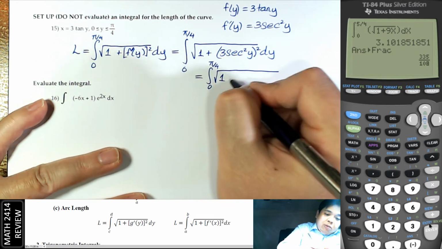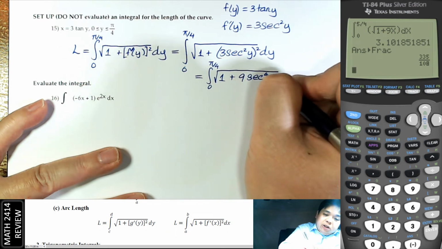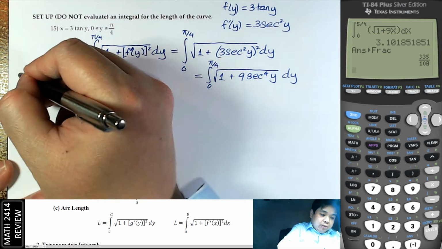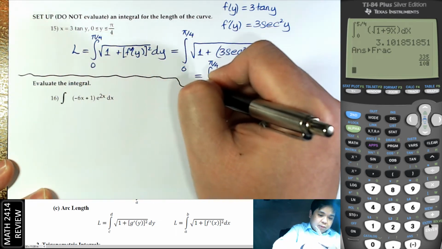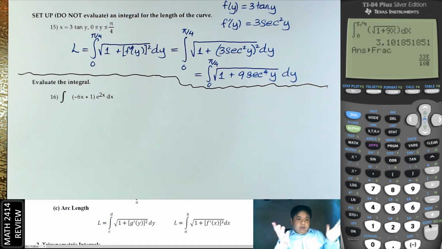That gives us 1 plus 3 squared, which is 9, secant squared again is secant to the 4th. Right. Now this one we will not evaluate the integral. So it's just going to live like that.